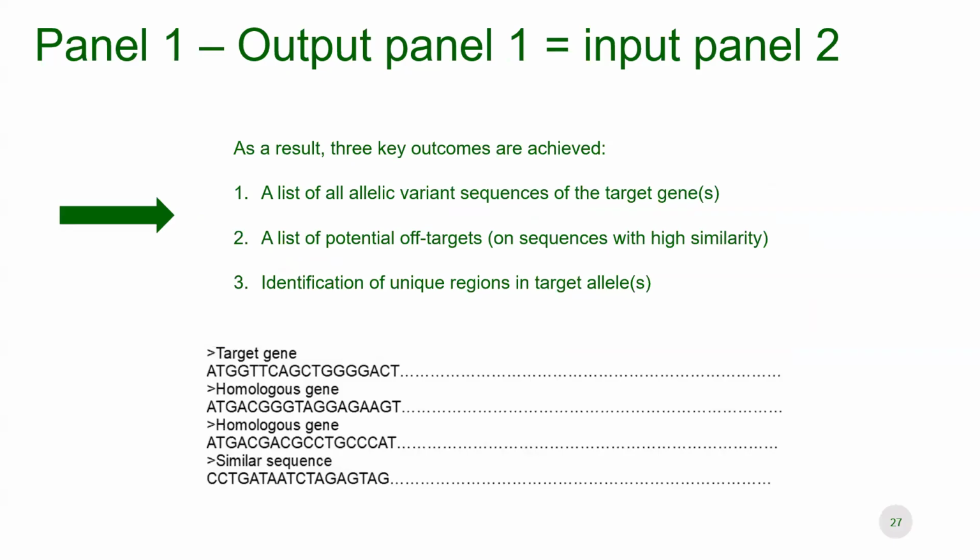We have a list of all allelic variant sequences of the target genes, a list of potential off-target sequences, so sequences with high similarity to the target gene, and an identification of unique gene regions in the target alleles, which are then the regions where you will design guide RNAs.